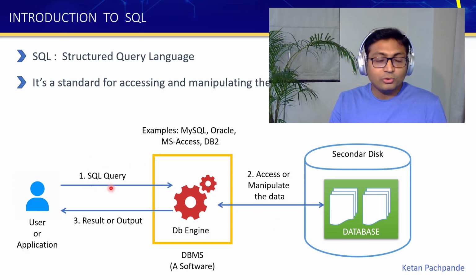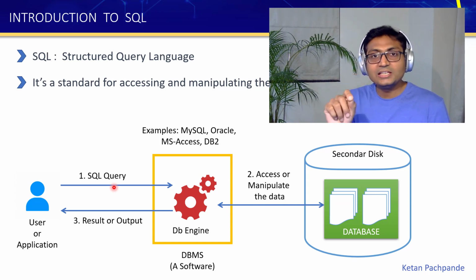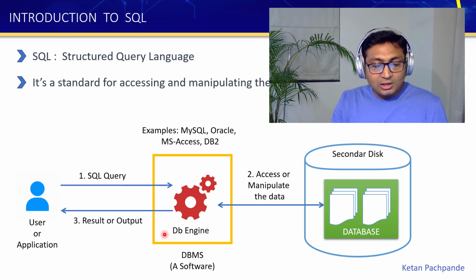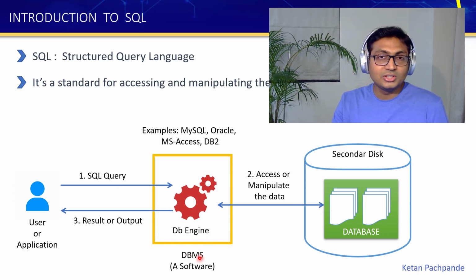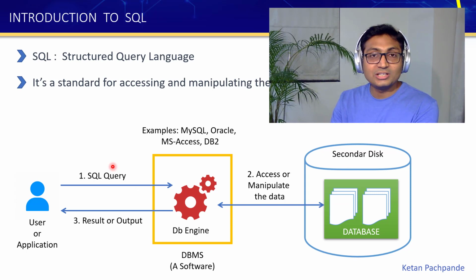The SQL query is to be written and executed by the DBMS. DBMS itself is a very huge subject, a vast topic. If you really want to learn that, it is a separate course. But as a part of this course, we are just going to focus on the SQL part of it.